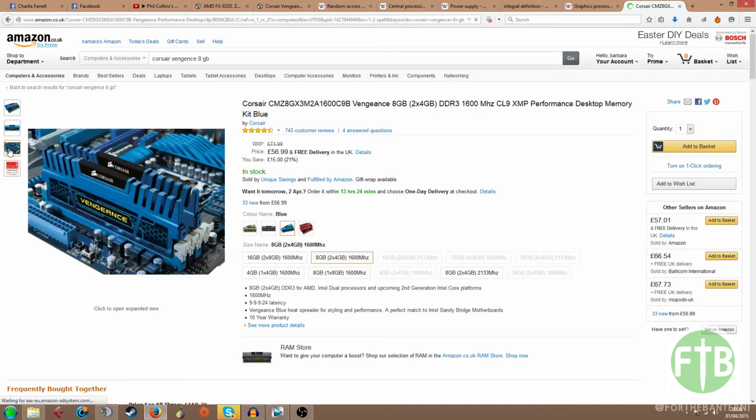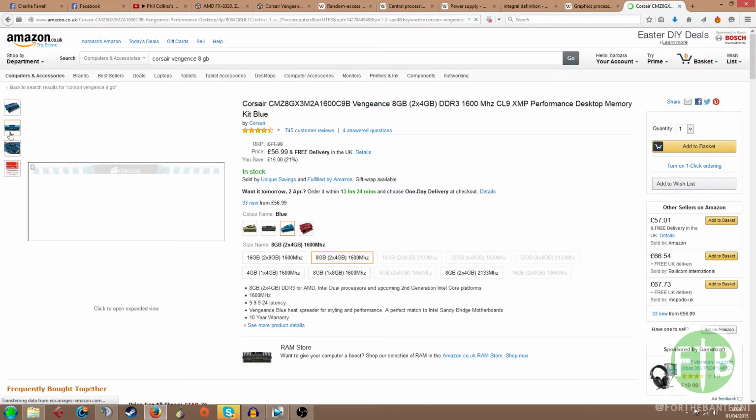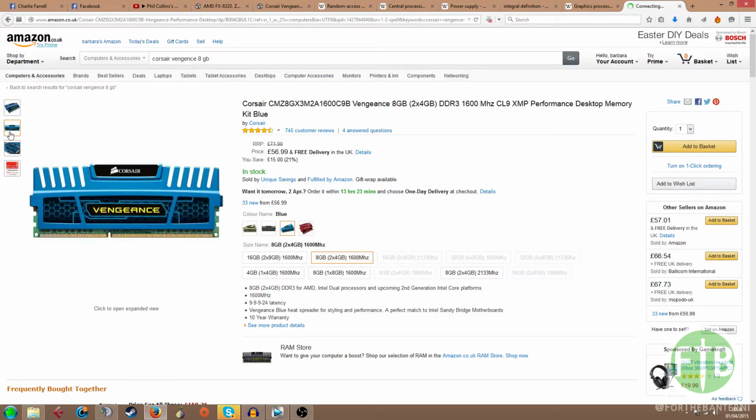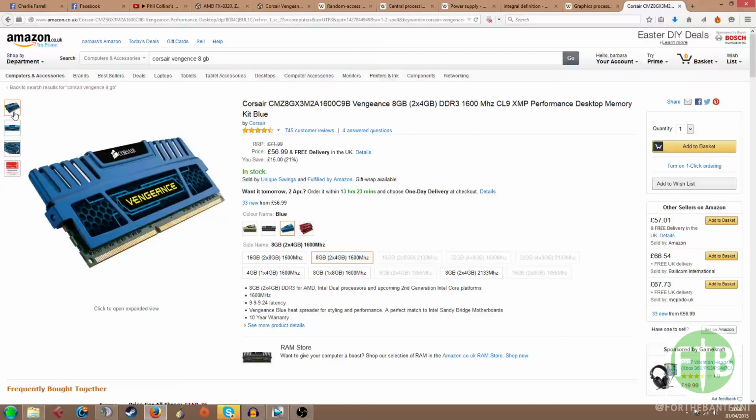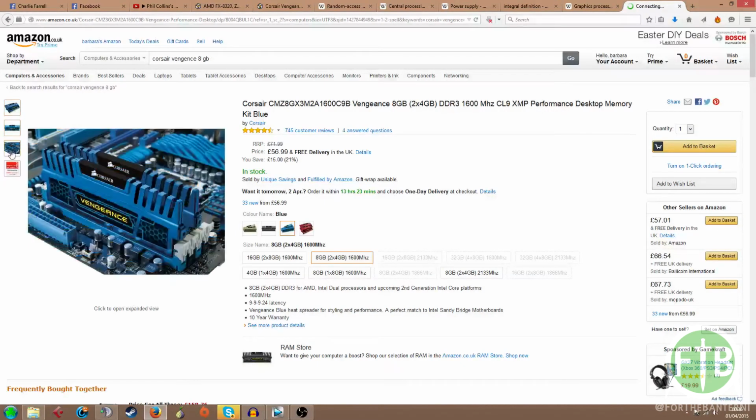However, if you are someone that wants to go with overkill parts and have the best of the best, you can buy RAM that has really high frequency, and that's all well and good, but you need to make sure that your board supports this frequency.